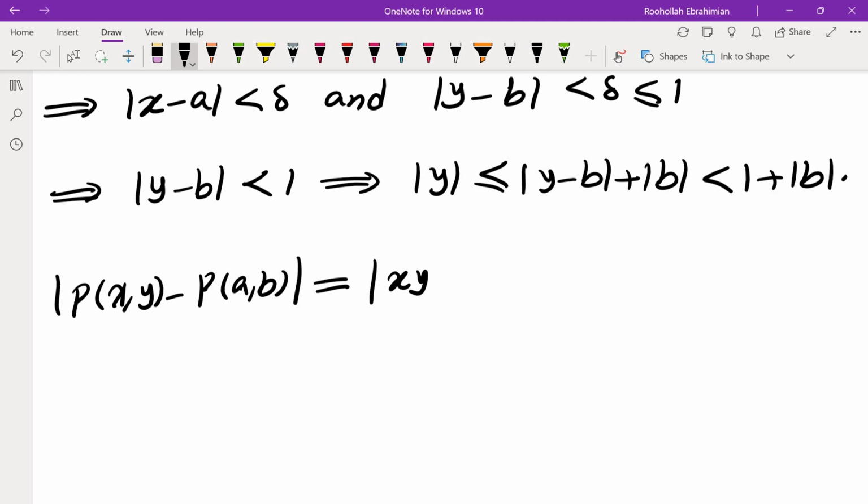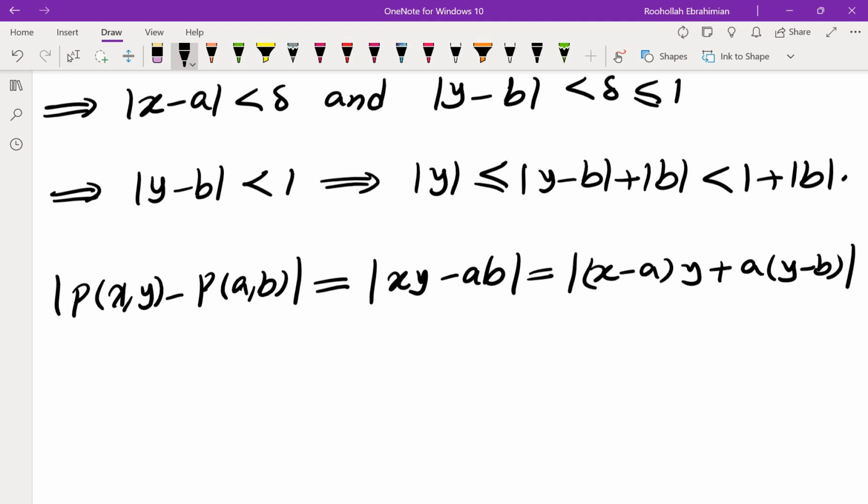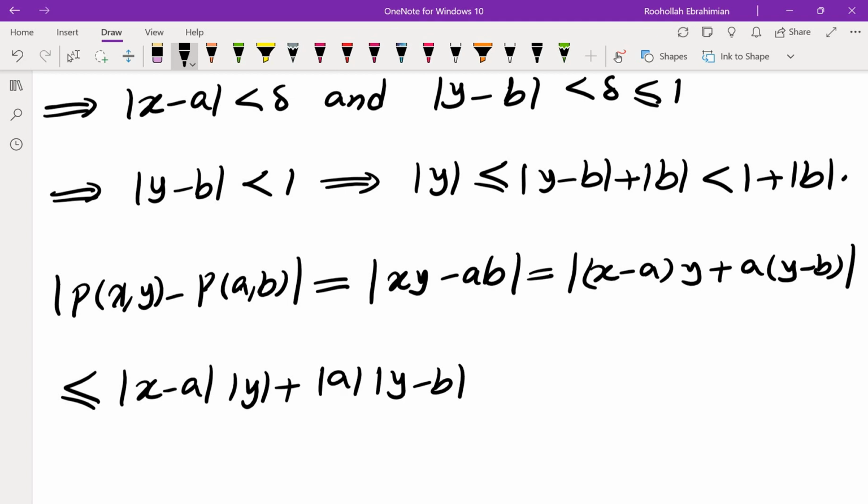We write it down as xy minus ab, which is equal to (x minus a) times y plus a times (y minus b), which is less than or equal to the absolute value of x minus a times the absolute value of y, plus the absolute value of a times the absolute value of y minus b. Now we are going to replace this one by delta, this one also by delta, and this one by 1 plus the absolute value of b.